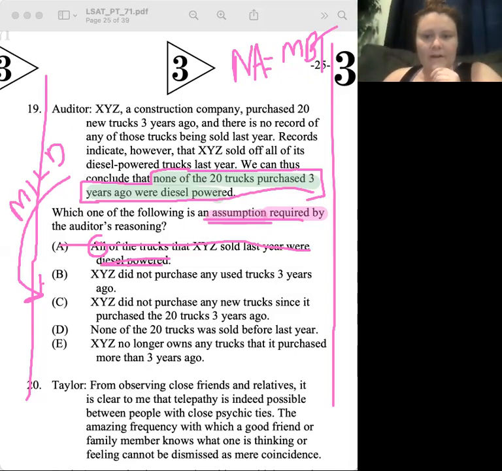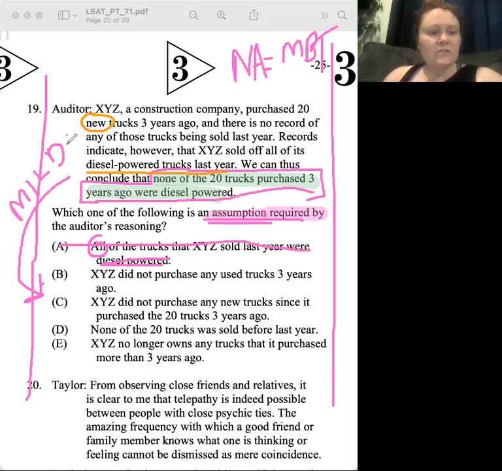First, let's back up here. We're saying that we purchased 20 new trucks 3 years ago, right? And there's no record of any of those new trucks being sold last year. It says that we sold off all of our diesel powered trucks last year. Therefore, none of the 20 trucks purchased 3 years ago were diesel powered.